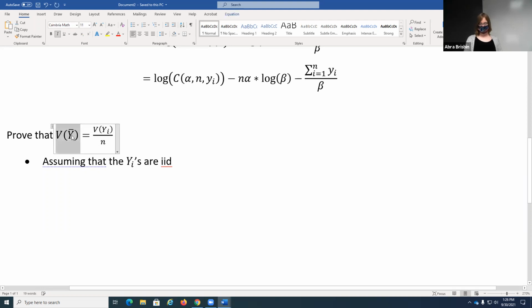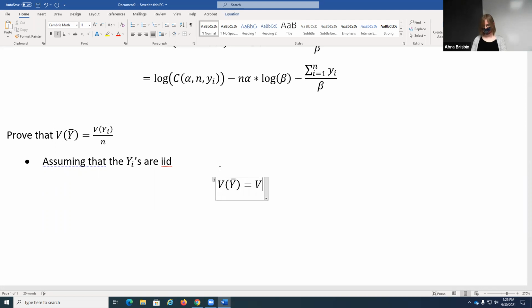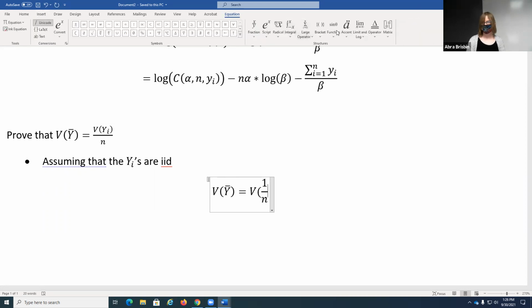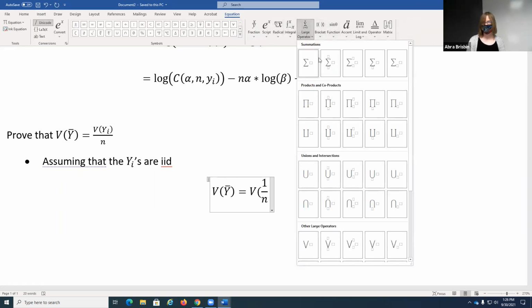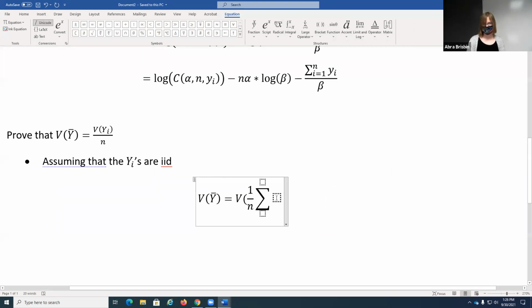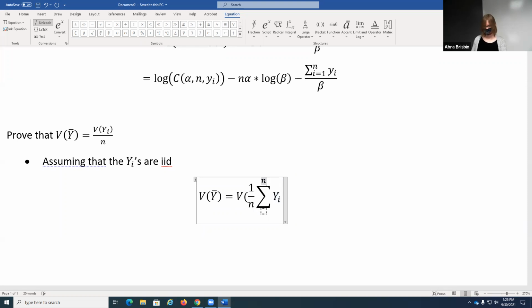All right, so let's start with writing out what y bar equals. That's 1 over n times the sum of the y sub i's.